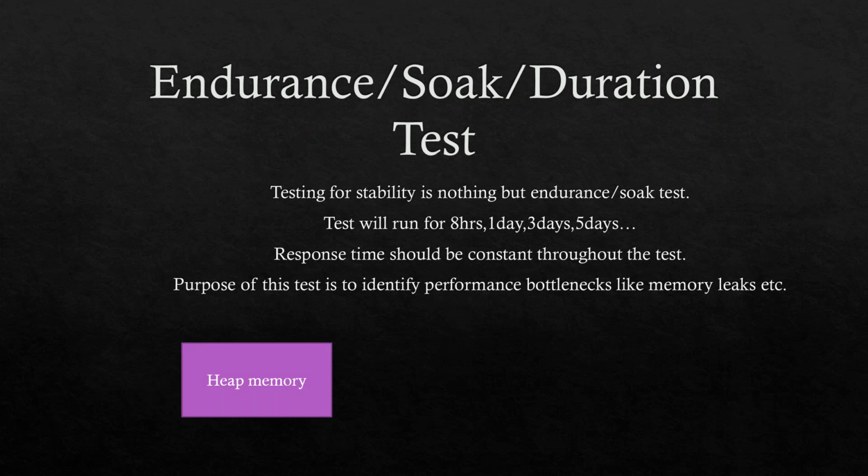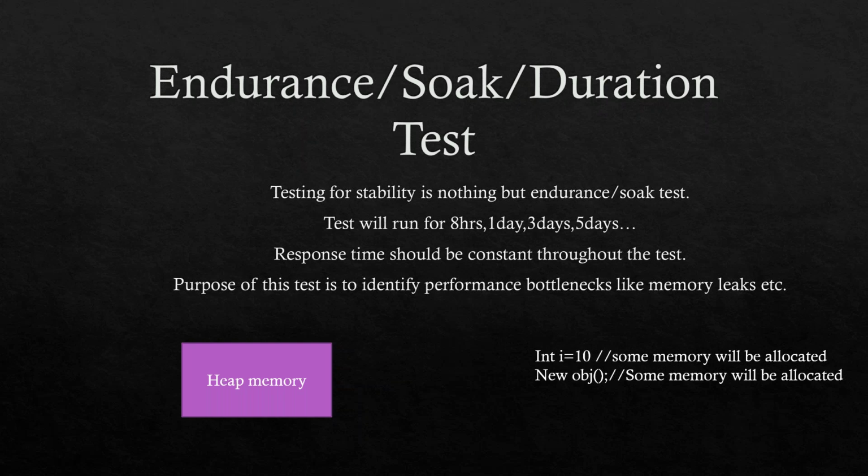But on a high level, whatever objects we create in a programming language like Java, all that memory will be utilized from the heap memory. In traditional programming languages like C, where we didn't create objects, we created variables like int i equal to 10, or long l equal to 20, or string s equal to ABC.